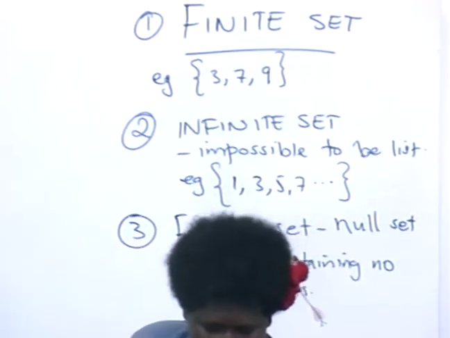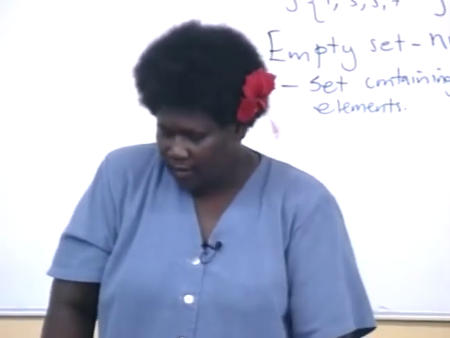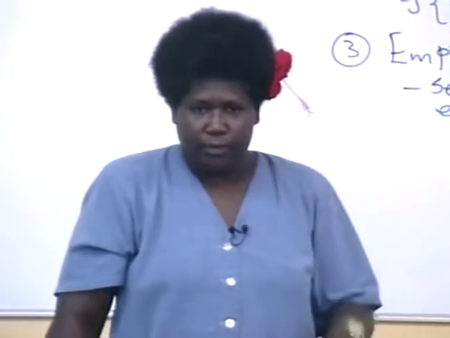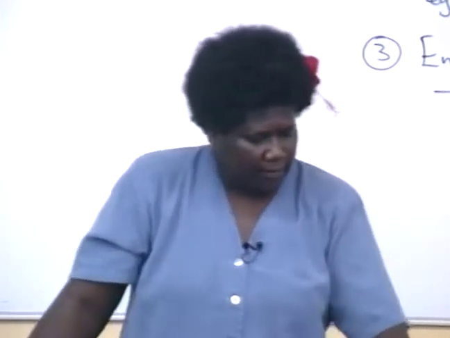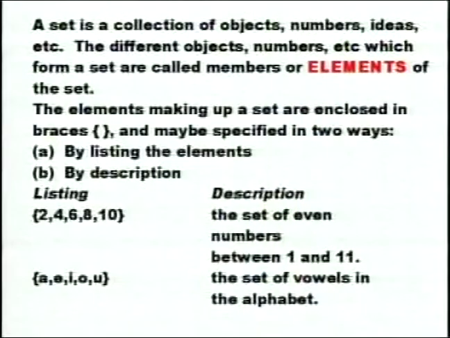That would be called a null set. All right, I asked you to read from your textbook. Some of you had photocopied notes based on this, so I'll just go through that again. A set is a collection of objects, numbers, ideas, etc. The different objects or numbers which form a set are called members or elements of the set.